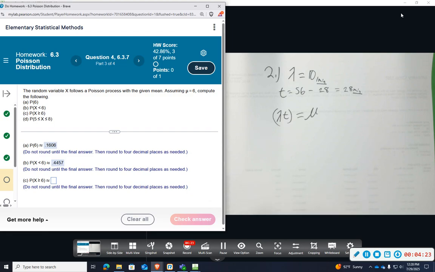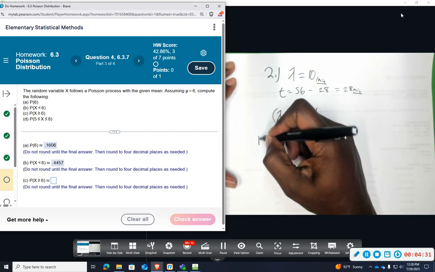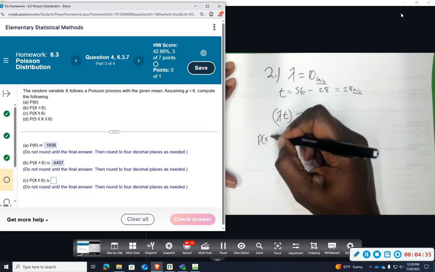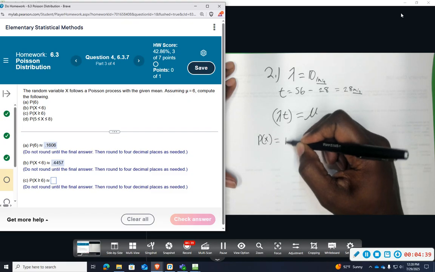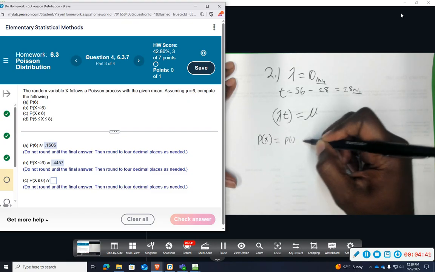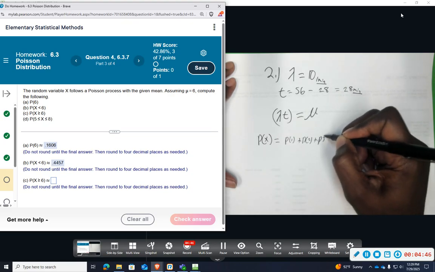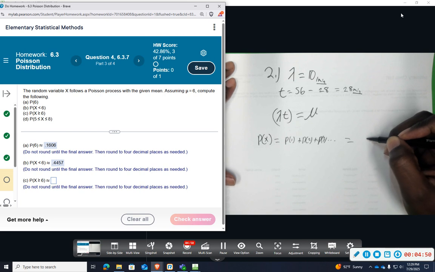So if I can compute 0 up to some point, I can compute that point up to infinity. So remember, total probability: probability of x is equal to, you know, that might be P1, P2, P3, dot, dot, dot, and so on. When you add up everything possible, you get 1.